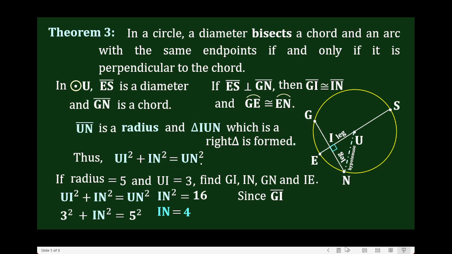So segment GI is equal to segment IN, which are parts of segment GN, the chord. We have just obtained the length of segment IN, which is 4, so it follows that segment GI is also equal to 4. With that, we can easily determine the length of segment GN, the chord, and the length of the chord, segment GN, is 8.